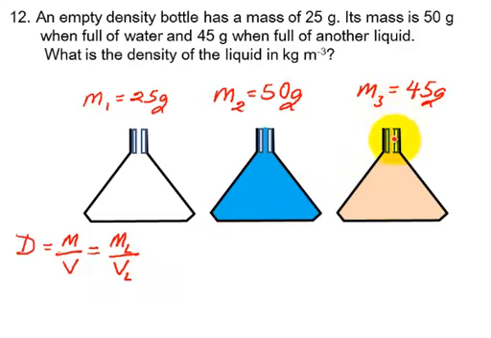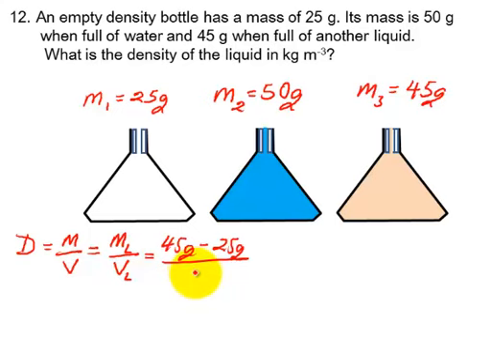M3 is the mass of the bottle and the liquid. If we subtract the mass of the bottle from this value, then we can get the mass of the liquid. So the mass of that liquid will be M3 minus M1, which is 45 grams minus 25 grams.